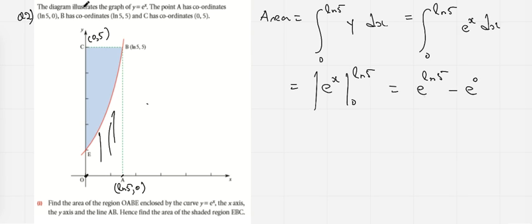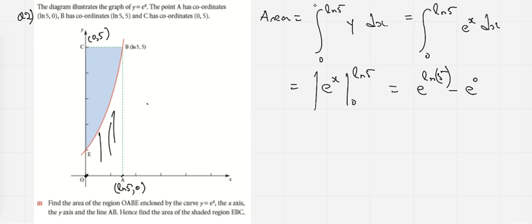So you know that exponential e is the inverse function of the natural log, because natural log is the log of base e. Whenever these two functions are combined together, they are inverses of each other, so they cancel each other's effect. What is left is the value inside the log.